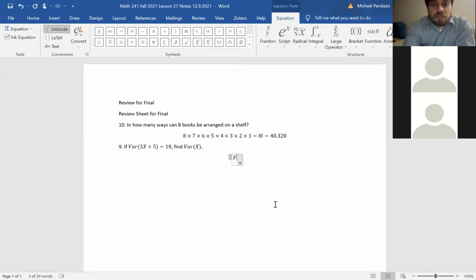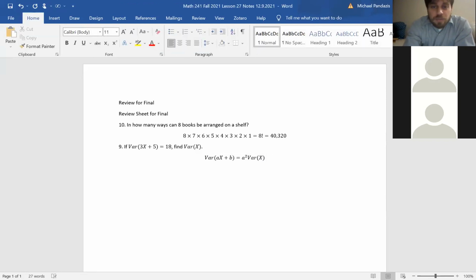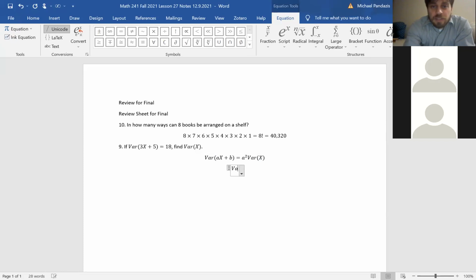So we have a formula that says that the variance of ax plus b is equal to a squared times the variance of x.